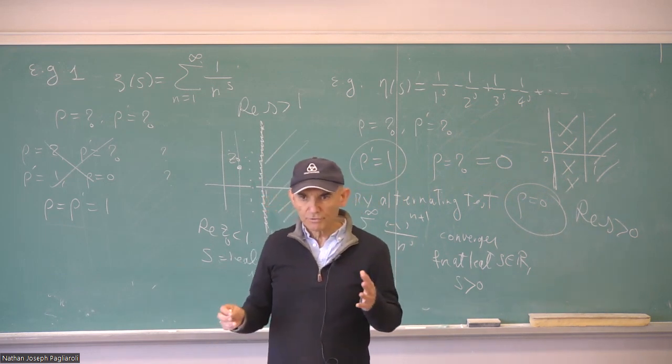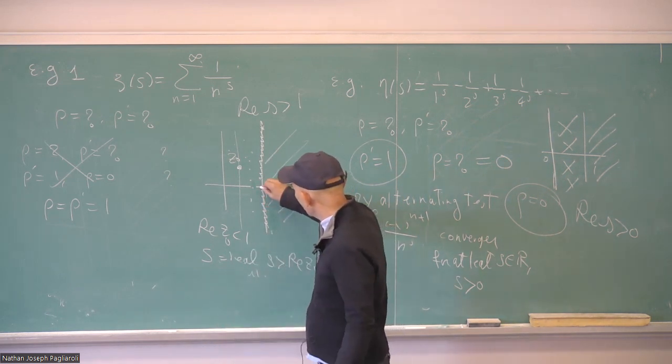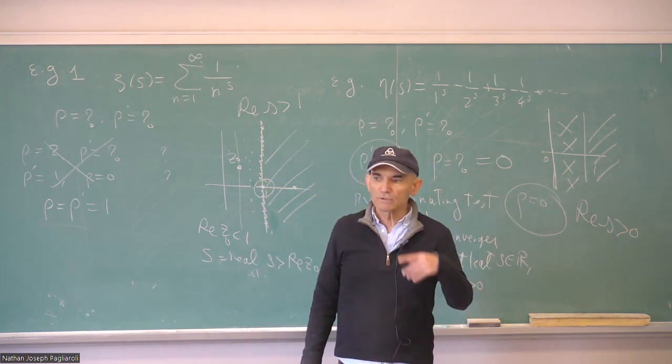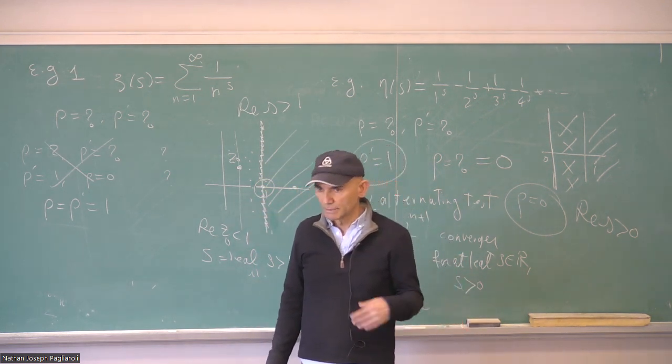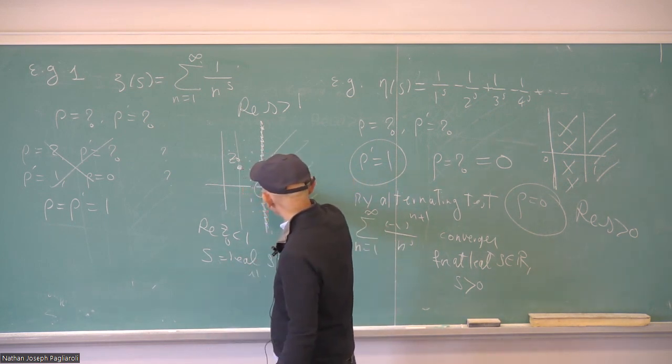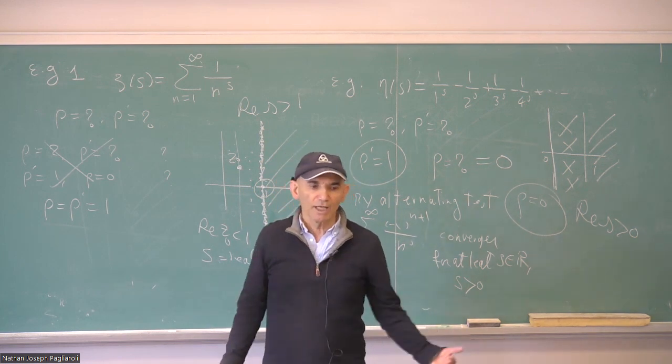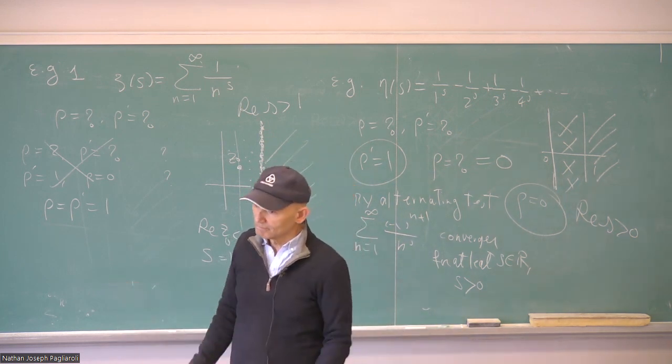So you see different types. For zeta, you know that s equal to 1 itself is not convergent, because that's the harmonic series. But we don't know if it is convergent at all these funny points. What is your guess?